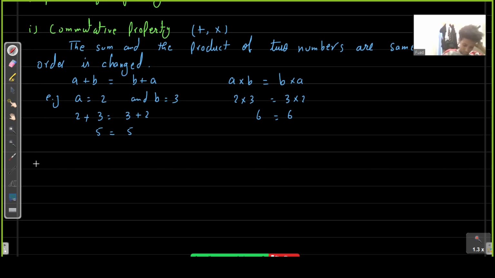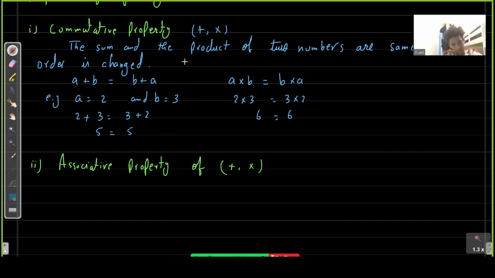So the next is the associative property of addition and multiplication. In the associative property, we need three numbers, and these three numbers belong to the real numbers. We can also write, for all a, b, c belonging to real numbers.